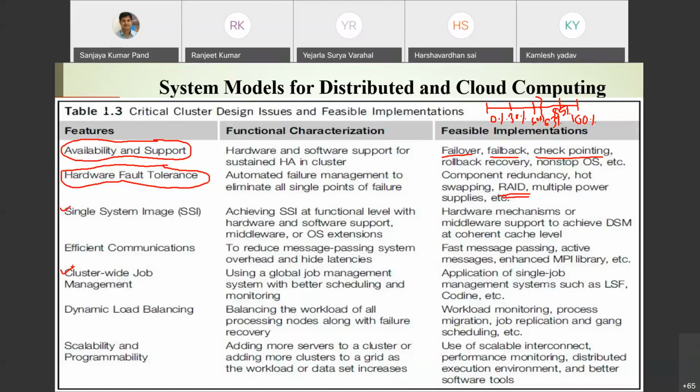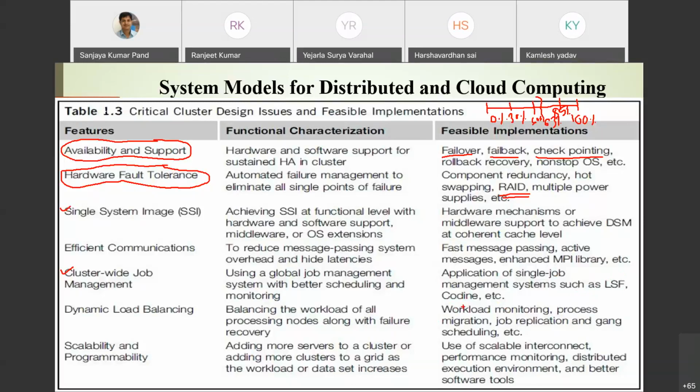Efficient scheduling is required in order to make efficient usage of the resources, or in order to minimize energy, which is the current trend of cloud computing. That is how we can minimize the energy, right? So these are the two job management systems used in the cluster. I will tell you these things later if possible, because this is the concept of cluster computing.